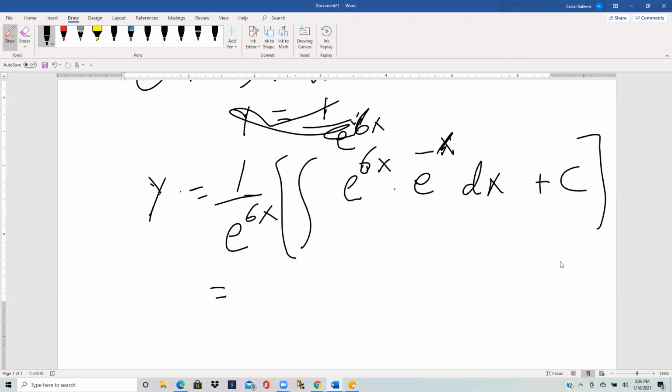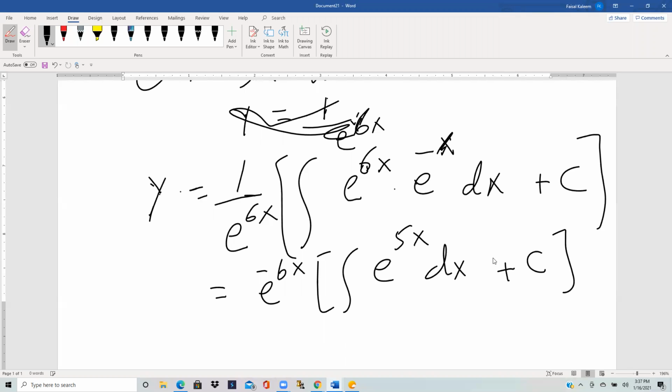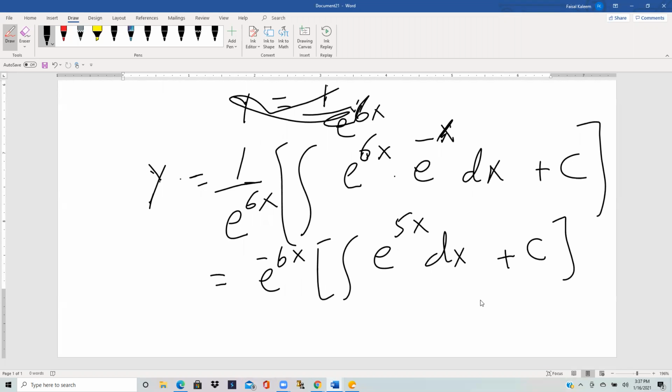And this can also be written as e power negative 6x. And here, before integrating, we combine these two. So these combine into e power 5x. And now the integral of e power 5x is e power 5x divided by 5, plus c.